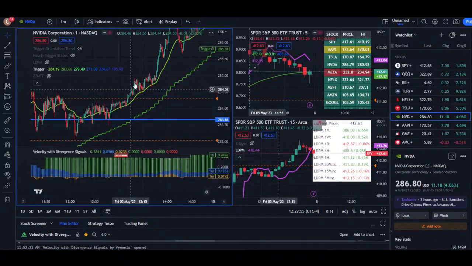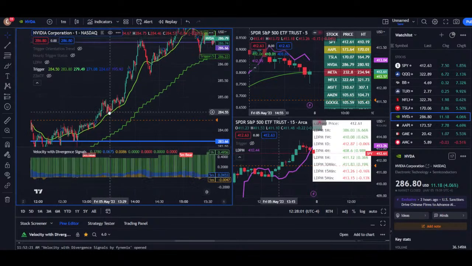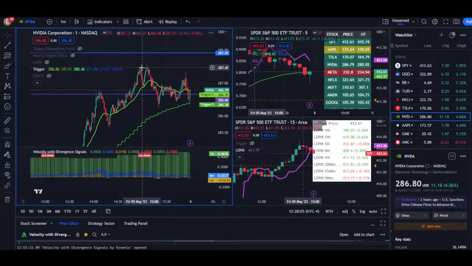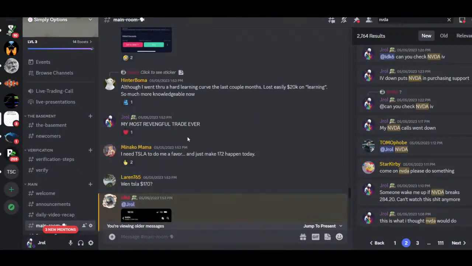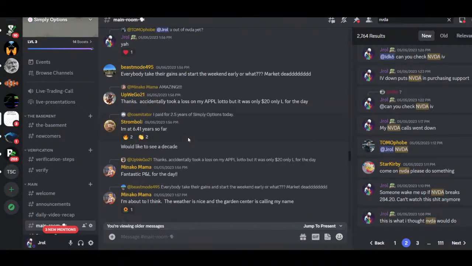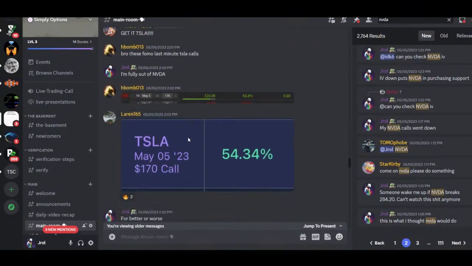But what happened when the call value went down? It pushed NVIDIA into purchasing support. When IV went down, NVIDIA went right into purchasing support, and look what happened. Straight up, blasted higher. And I actually sold my contracts right here for a ridiculous gain. See where I ended up selling them, but I think I was able to get 500% on that trade.